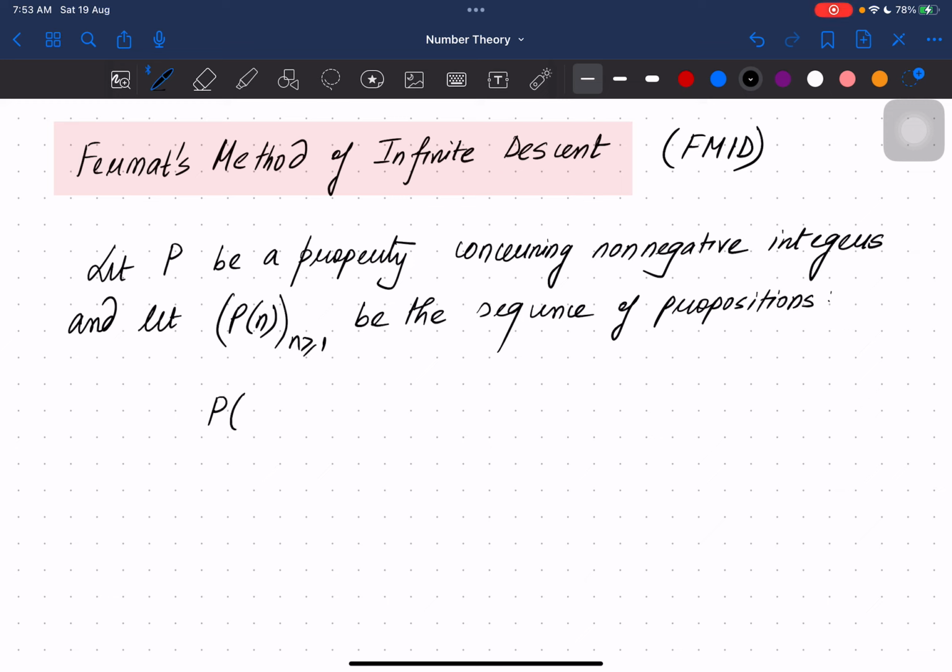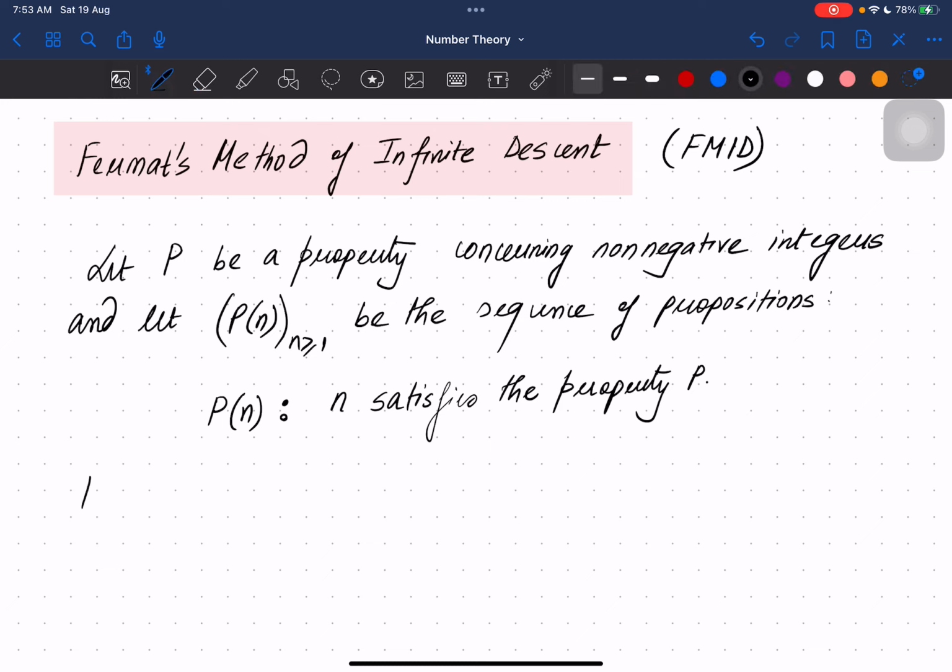Pn is some property that n satisfies, the property P, which we have already defined. So this is a proposition. Now this method is useful in proving that the proposition Pn is false for large enough n.